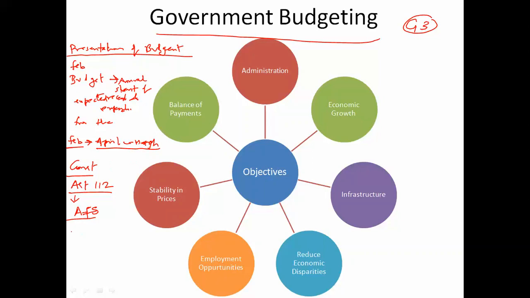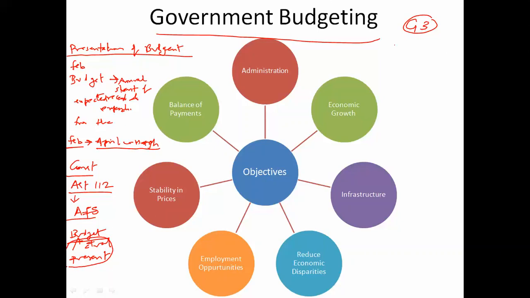But in the budget document, not only there will be expected receipts and expenditure, but also there will be the actual receipts and expenditure for the present financial year. This will also be there in the budget.